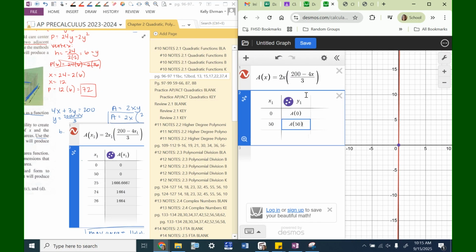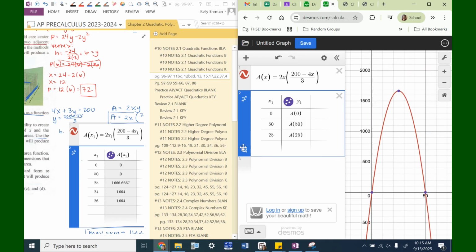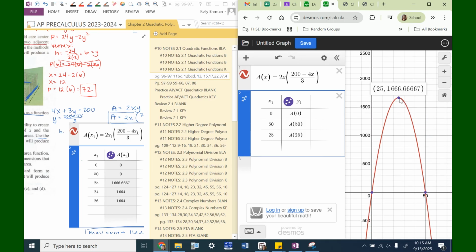So the x values can only be between 0 and 50, but not exactly those to get fencing available. So I can zoom here. That doesn't really help me find the vertex, but if those are the zeros, the vertex has to be in the exact center of the zeros. So if I type in 25, A of 25.